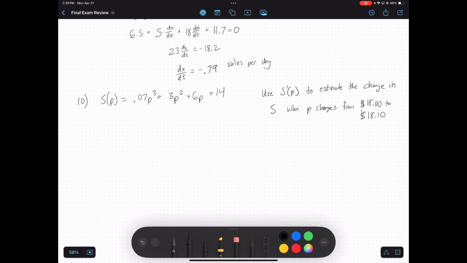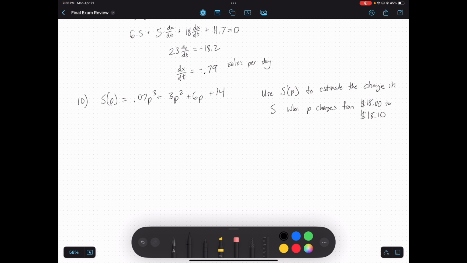So this goes back to our section, I think this was 2.6, where we learned about marginals and differentials, where if I wanted to find the exact change, what could I do? To find your exact change, you can just plug in both of these values. Plug in 18, see what you get.